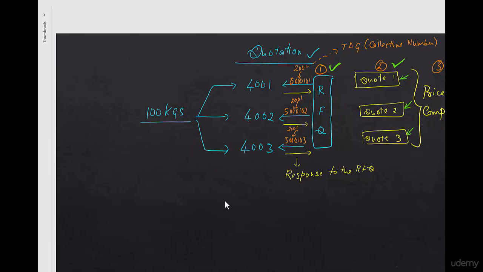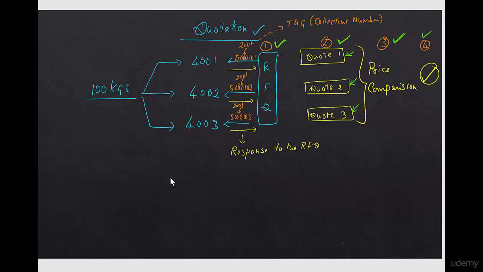And of course, finally, you're going to award this contract or order to one vendor, the vendor that you think is the best. And for the rest of the vendors, you send rejection letters. Now, in the price comparison, what we found is this guy is ranked 1, this guy is ranked 2, this guy is ranked 3.